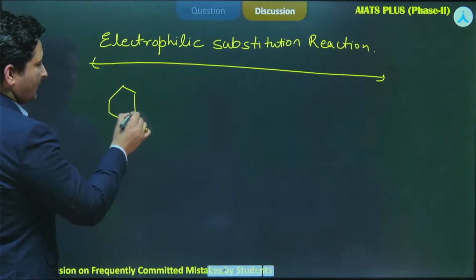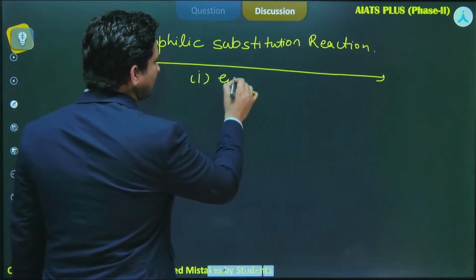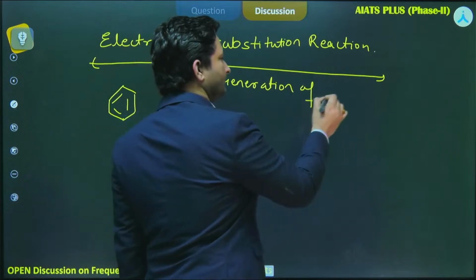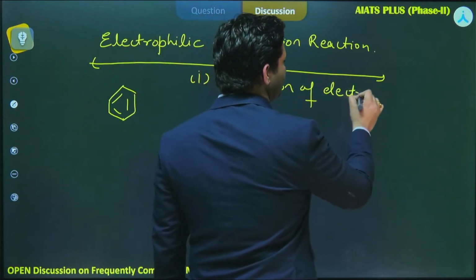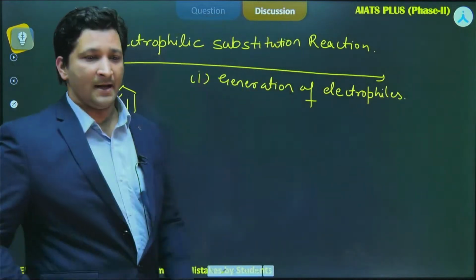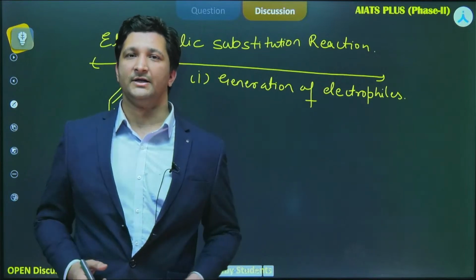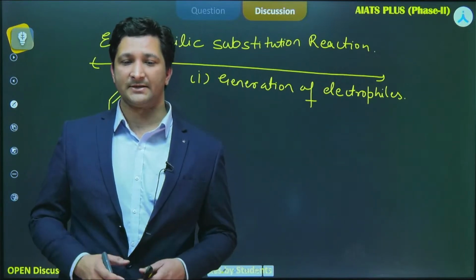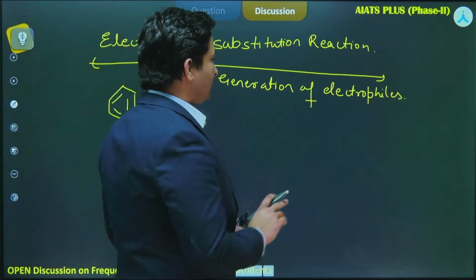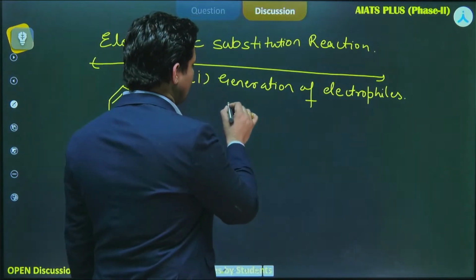Okay, so the first step is generation of electrophiles. Generally we are talking about chlorination, means halogenation, nitration, sulfonation, Friedel-Crafts alkylation, Friedel-Crafts acylation. Okay, so in that case what will happen? The first step is generation of electrophile, and suppose we are talking about Friedel-Crafts alkylation.